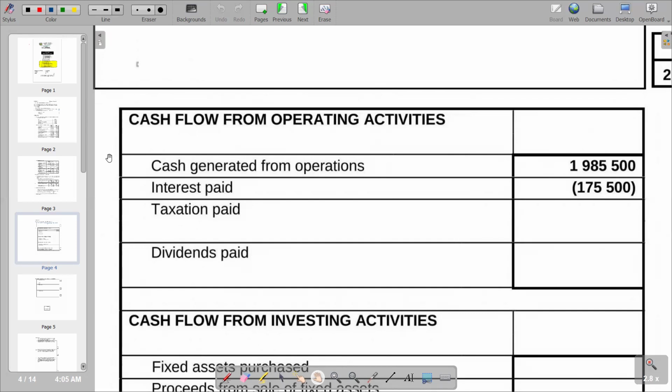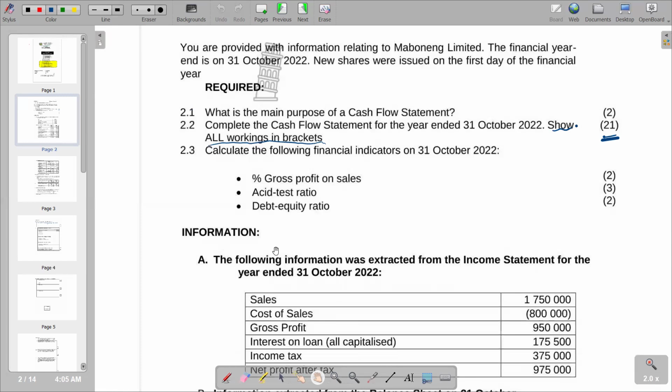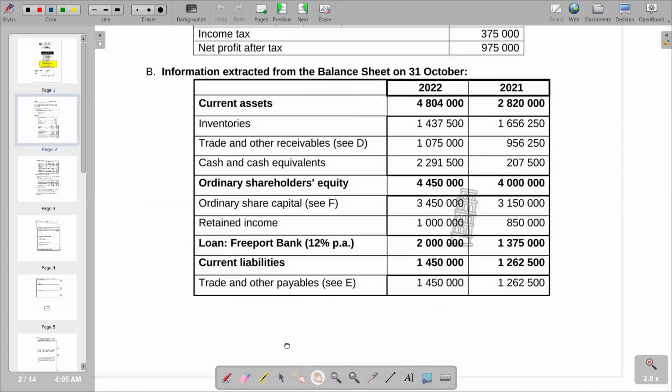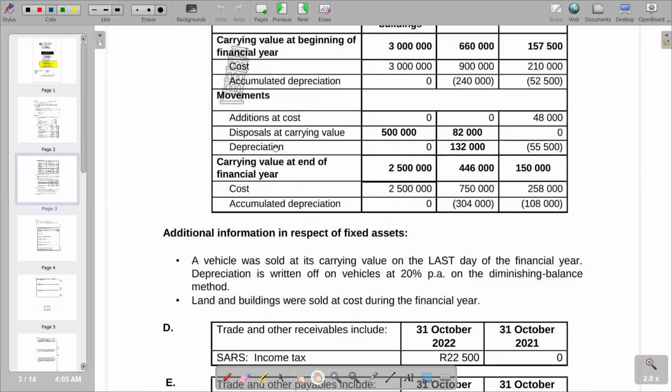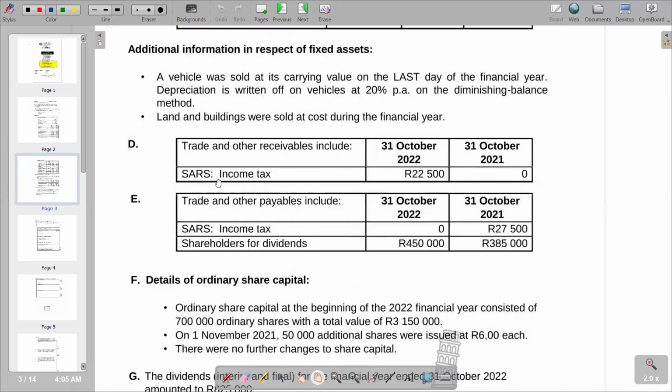Going down the question, the figures we will use are in information D and E, where you are given SARS income tax, and trade and other receivables. We're given a balance on 31 October 2022, which is at the end of the period, and this other column represents the beginning of the period. We take note of that.